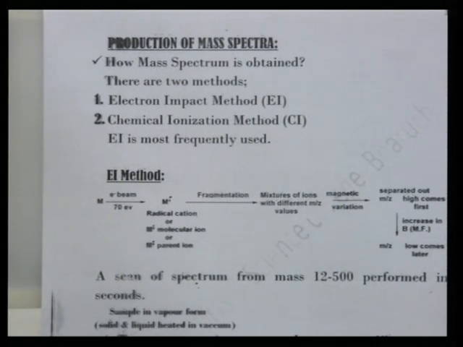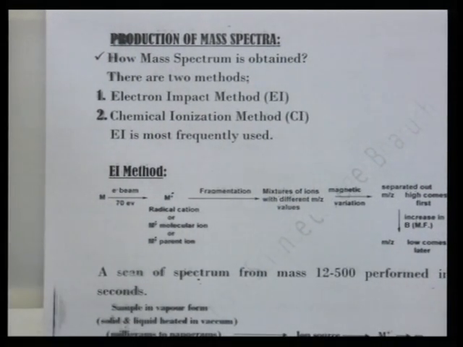In the EI method, a neutral organic molecule, written here as capital M, is bombarded with a heavy beam of electrons and one electron is removed. First of all, a radiation beam of 8 to 13 electron volts, corresponding to 185 to 300 kilocalories per mole of energy.